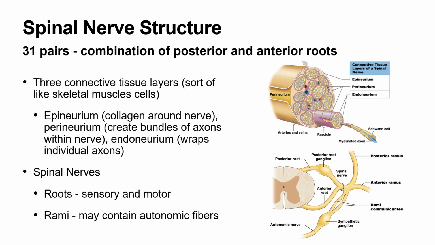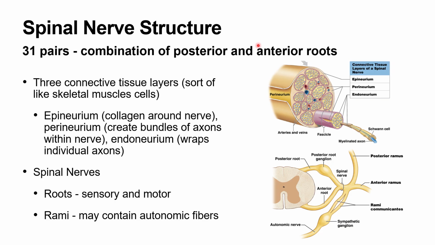Next, the spinal nerve structure. So, of course, we've said there are 31 total pairs of spinal nerves, and they are going to exist within 3 different layers of connective tissue. It follows quite a similar pattern to the skeletal muscle fibers as well.